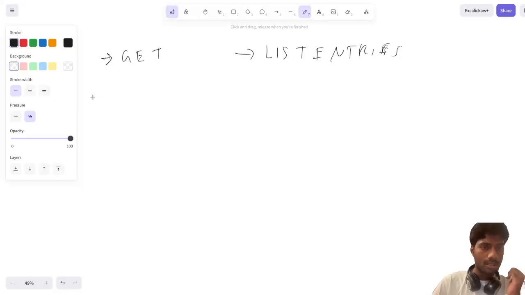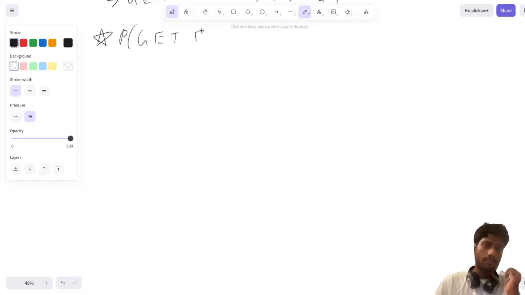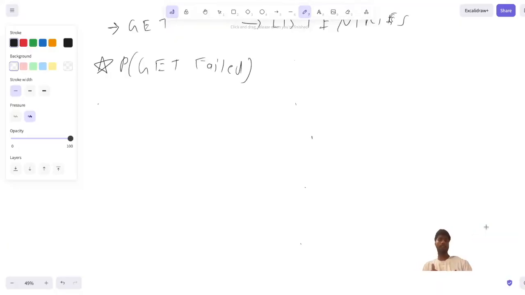So first let's start with the probability that get failed. Before deep diving into the probability of the get function failing, first let's understand when the get function would fail.